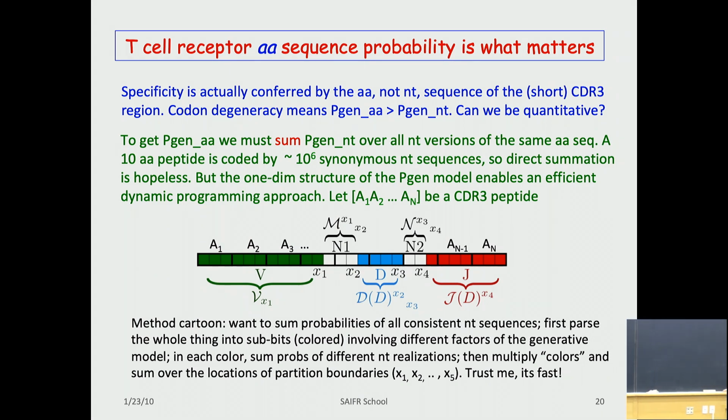And so I can't tell you the details because it's just too painful to explain. However, the way this whole problem is set up, the first thing that you discover is, okay, I can figure out how to get the generation probability of an individual nucleotide sequence. In principle, I could then march through every last nucleotide sequence that is responsible for a particular amino acid sequence and sum up those probabilities, and that would be a correct answer.